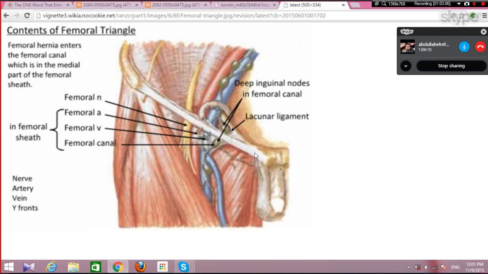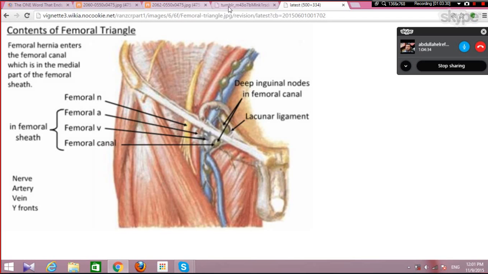Yes. It's from the anterior superior iliac spine to the pubic tubercle. This inguinal ligament is also called Poupart's ligament. You should know its other name. But how is it formed?